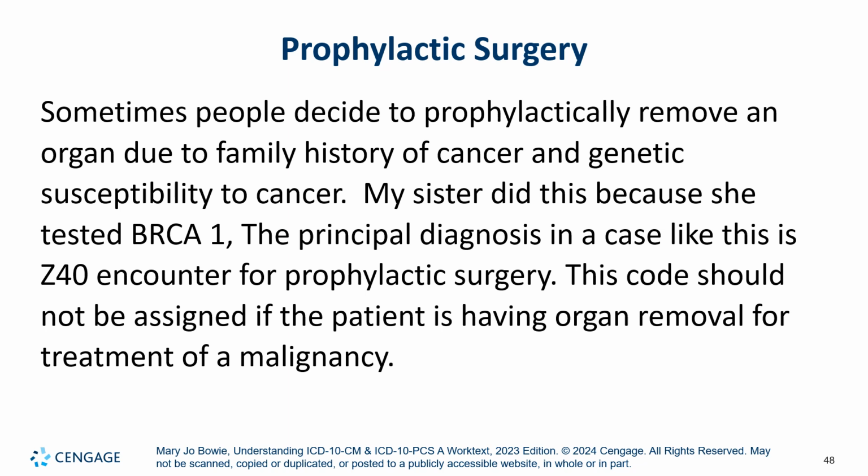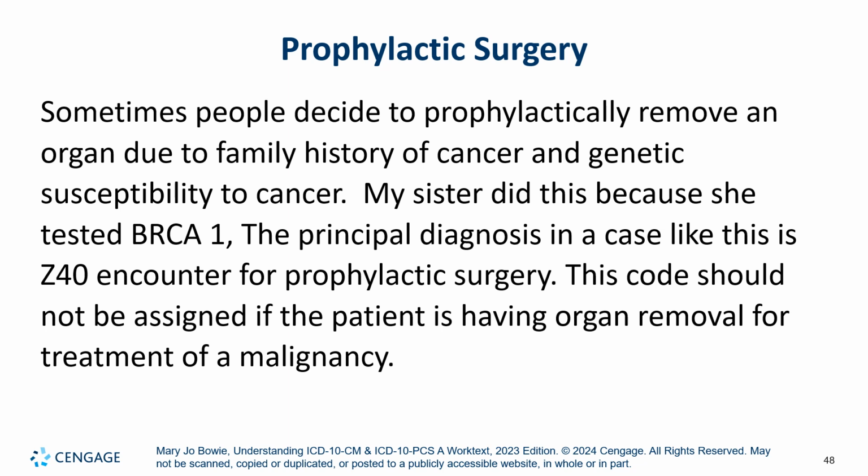But we, as her children, all got tested. My sister was the only one that tested positive for the same gene, BRCA1. So she prophylactically went in and had her breasts removed, and also had a hysterectomy done.